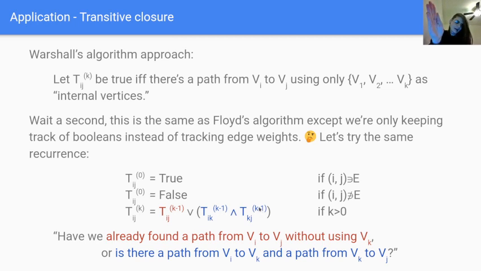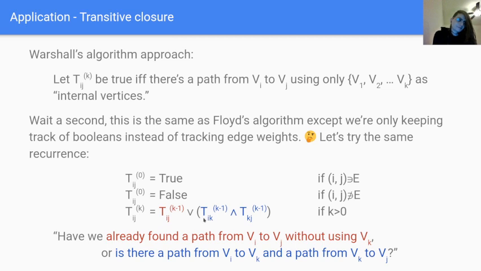So we're going from i to k and then from k to j, both times not using the kth element as internal vertices. We're just going from i to k through some path and then from k to j, and that will be valid too. That'll get us from i to j. That is our t of i comma j of k.